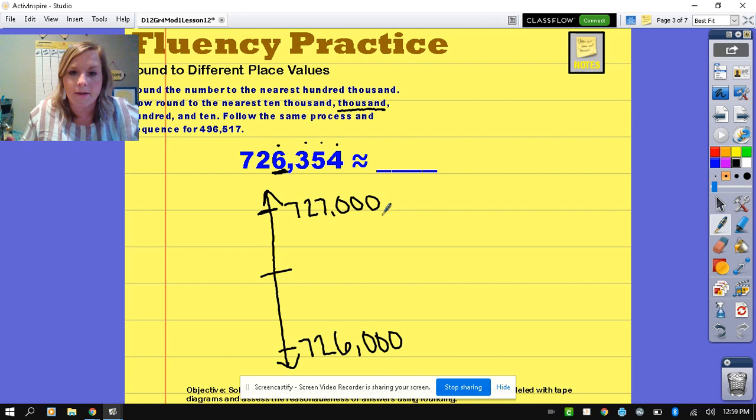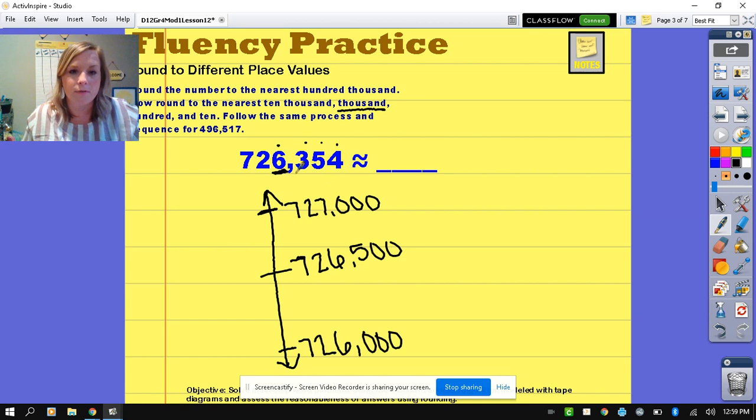727,000. Now what we have to check is our midway point, so 726,500. This midway point is just to help us decide if it's closer to this 1,000 or to this 1,000. So when I start to look at this number, 726,354.